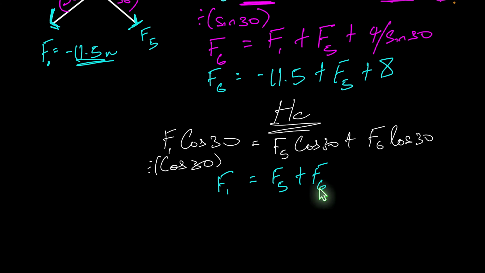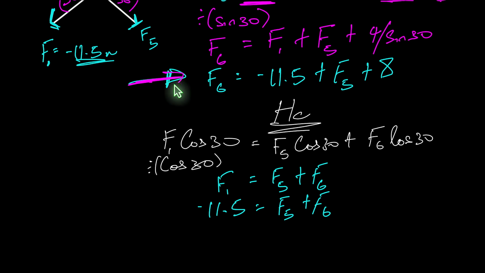Now we already know what F1 is once again, so let's substitute that and we get negative 11.5 equals F5 plus F6. So what we do with this now, we can make either F5 or F6 the subject and substitute that into our equation that we did up top here. So that's exactly what we're going to do.